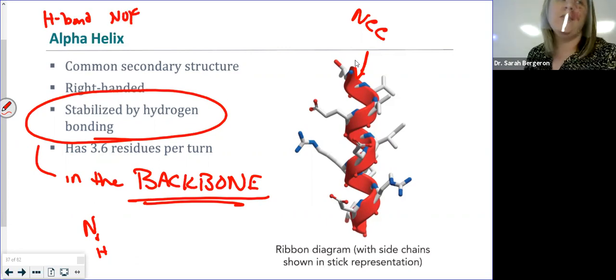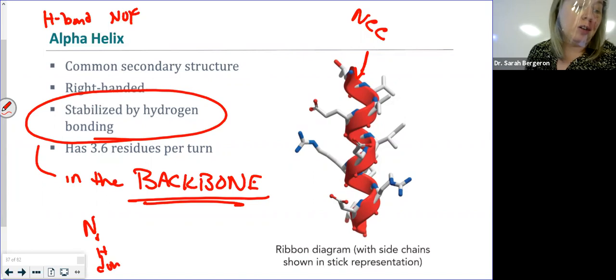So it can be a hydrogen bonded to a nitrogen, a hydrogen bonded to an oxygen, a hydrogen bonded to a fluorine. So I have a nitrogen with a hydrogen. What can that be? A hydrogen bond donor or acceptor? If it's got the hydrogen, it is the donor.